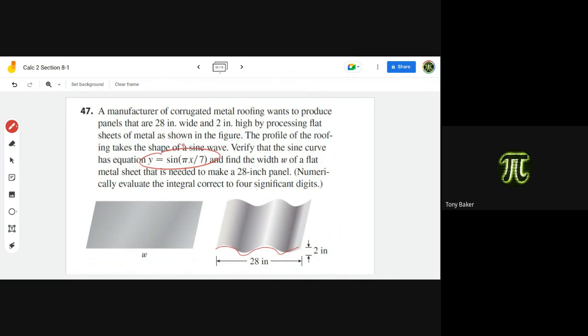If you notice, it says verify the sine curve of the equation is this. They gave you the amplitude of the sine wave, and they gave you the period. You would have had to figure that out to verify that equation. They've done that for you, so you didn't have to use this to figure out the actual equation. But we still need to multiply the sine by.